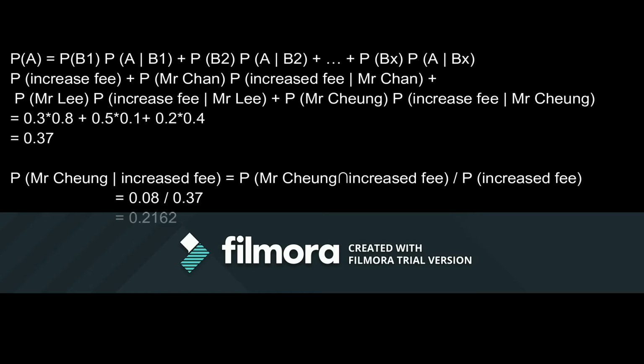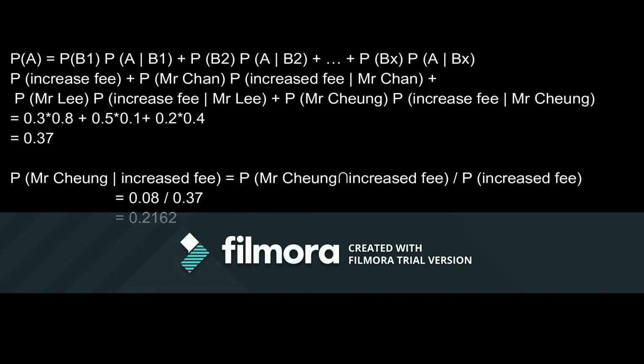And for the probability of A, it equals the probability of B1 times the probability of A given B1 plus the probability of B2 times the probability of A given B2 plus etc. and finally plus the probability of Bn times the probability of A given Bn.